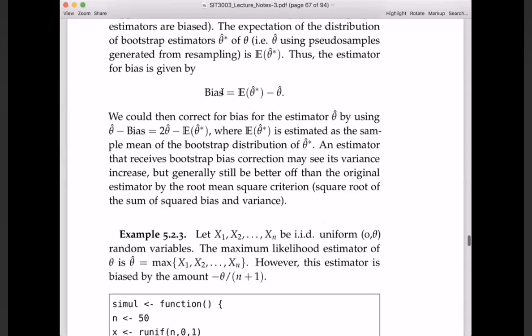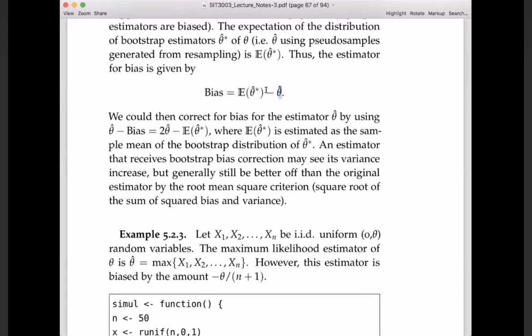The bootstrap estimator for bias is given by the expectation of theta hat star, which is the mean of the bootstrap distribution of the parameter estimate using the pseudo samples, minus the observed estimate.